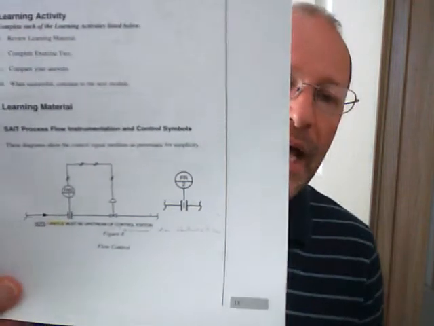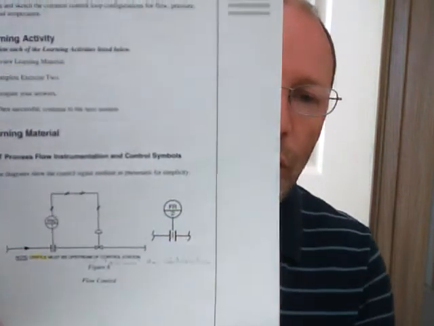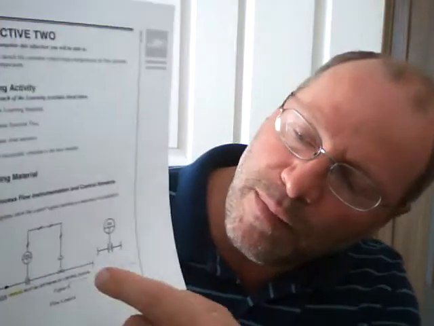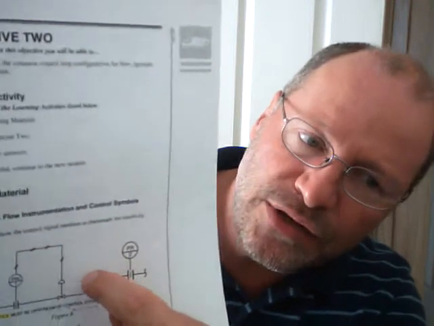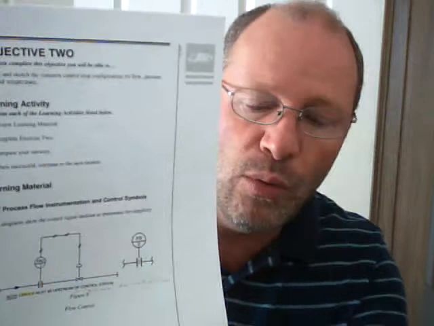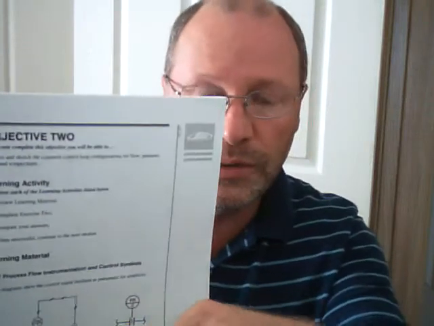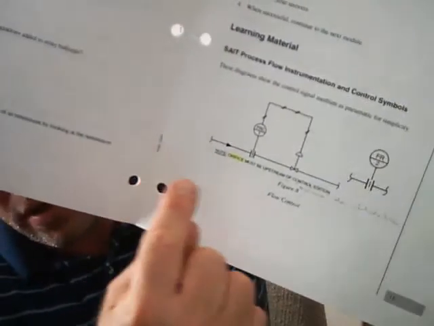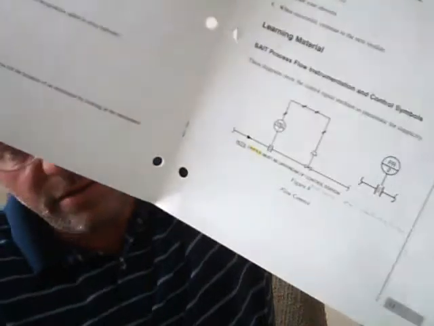When they say recorder, no, you don't need a control valve. You just need to record the flow. So in this case, they are controlling. The information the orifice flange is taking goes to an instrument, and this instrument is going to control the valve, which means it's going to open or close the valve, controlling the flow. Here is the symbol for recording.